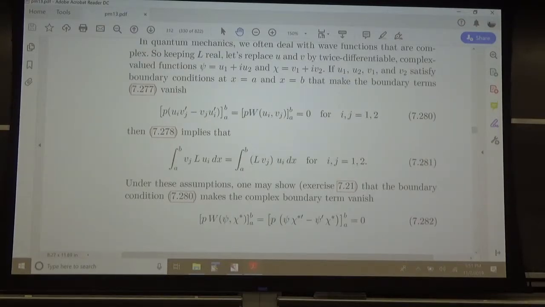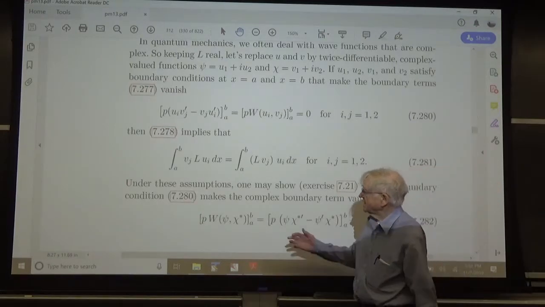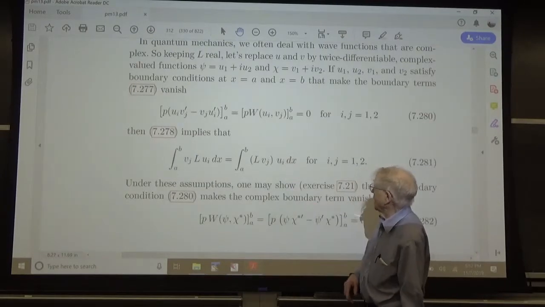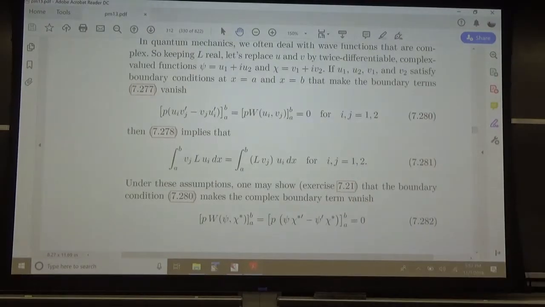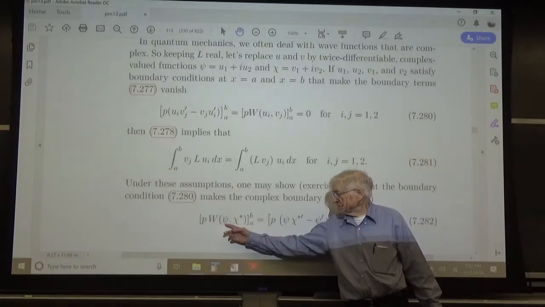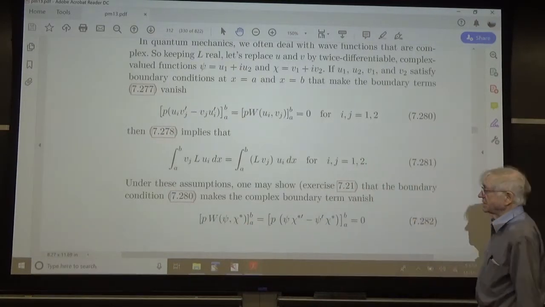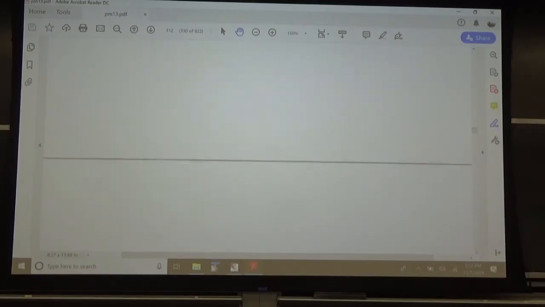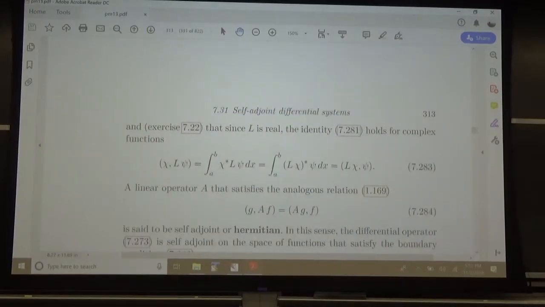And in that case, Green's identity gives us (v_j, L u_i) is (L v_j, u_i) for the real and imaginary parts. And that means in particular that p times the complex Wronskian at b minus that at a vanishes, p being the key function in the definition of the formally self-adjoint differential operator L.